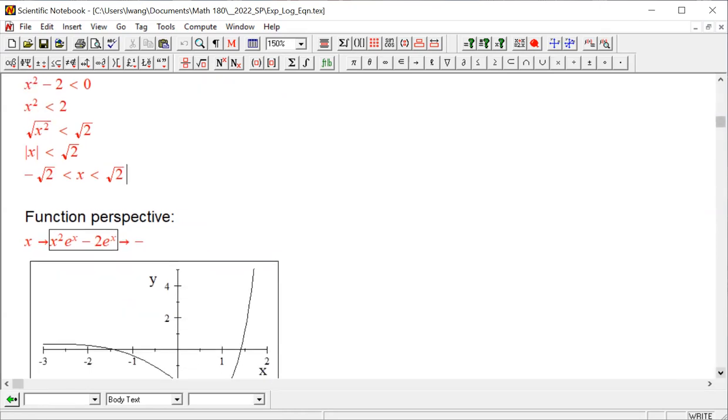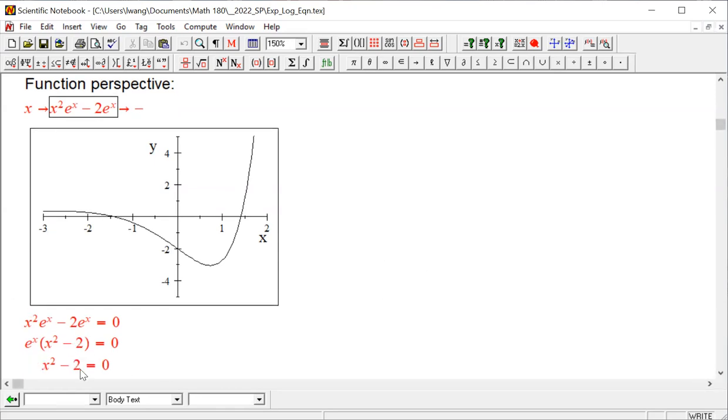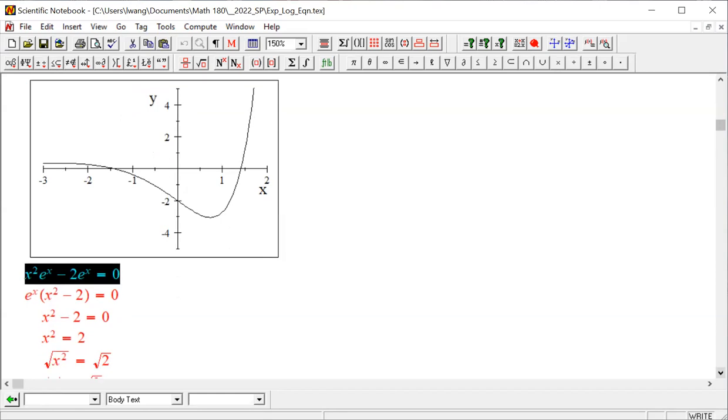If we look at the function perspective, if you have a device, because graphing this function can take you some time, even though it can be done. So we have an input and we want to find the input, and the rule of the function is such that we want the output to be negative, right? So in order to identify the x-intercept, we set the function equal to 0, the output is 0.